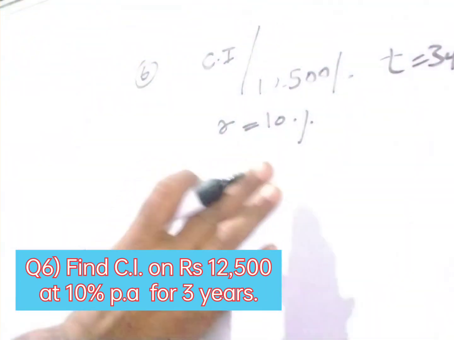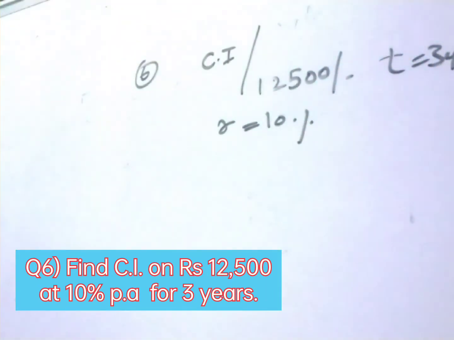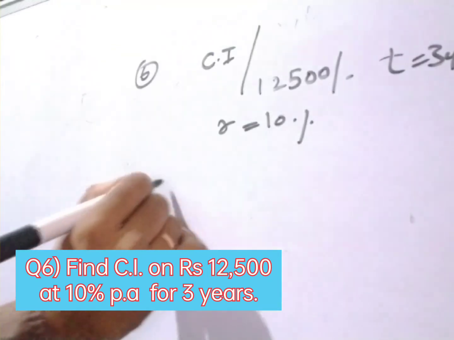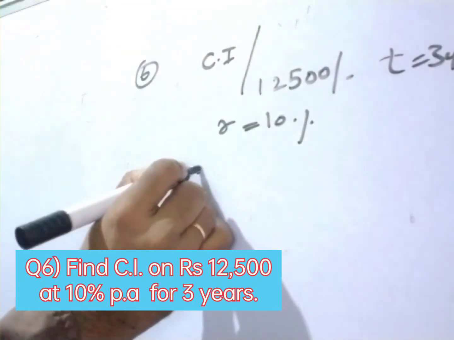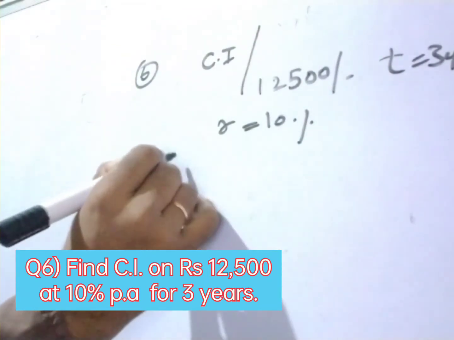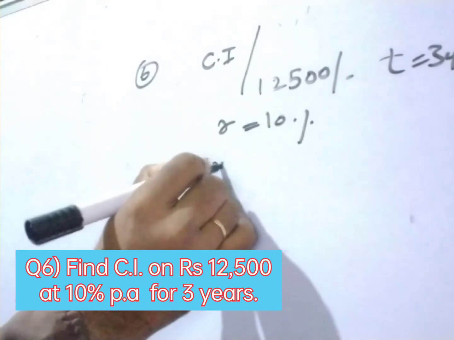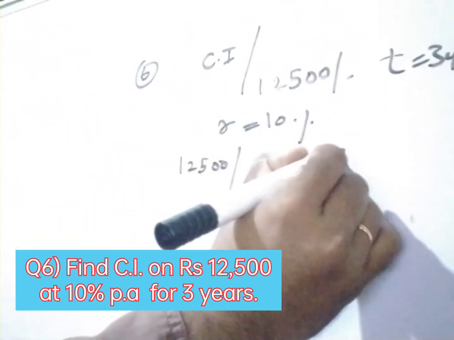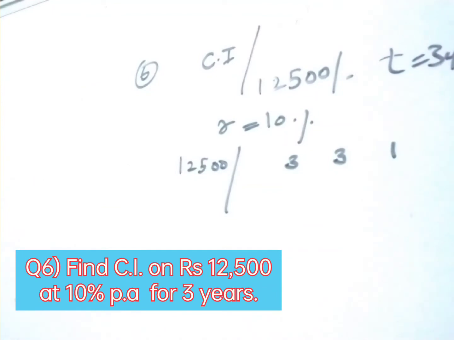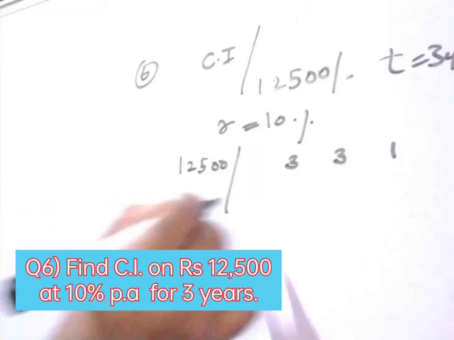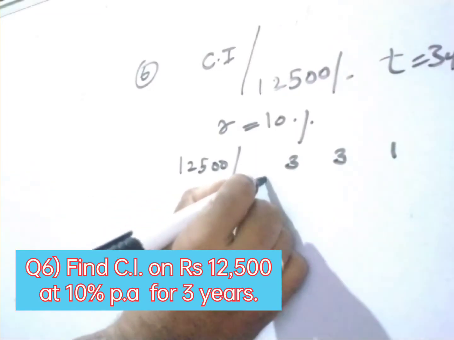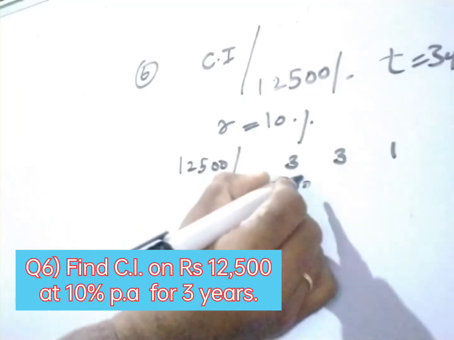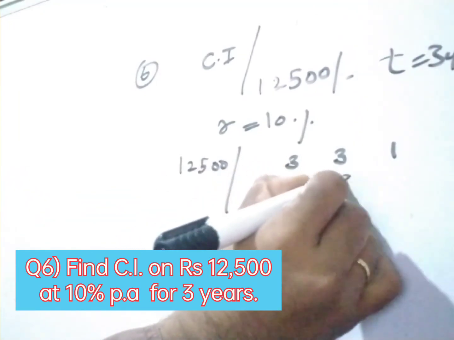So for 12,500, 3-3-1, because it is for 3 years. For 12,500, 10% is 1250. For 1250, 10% is 125.